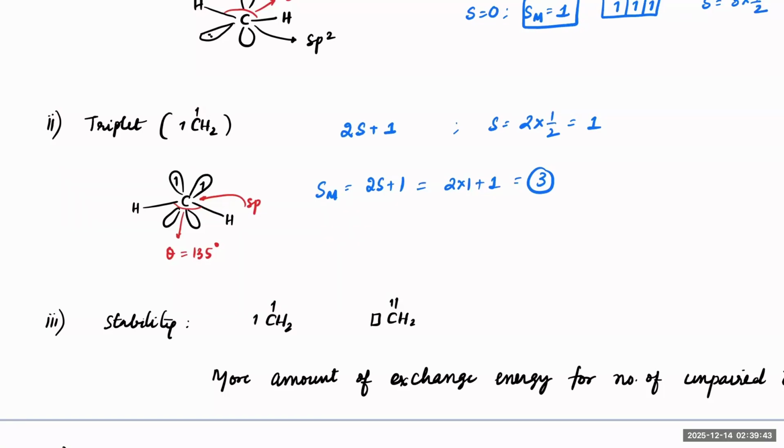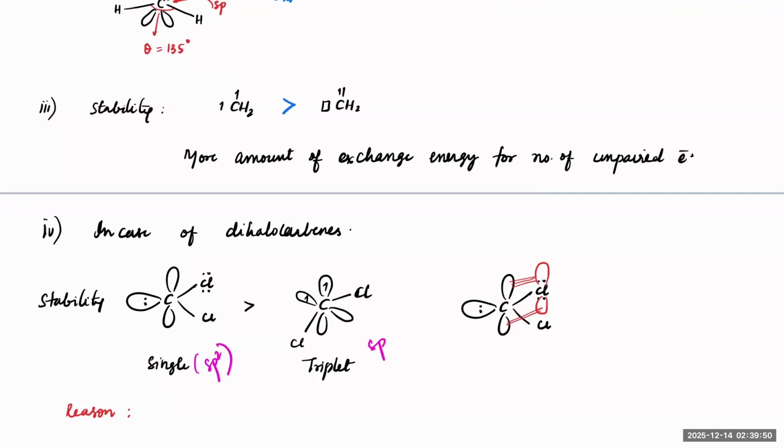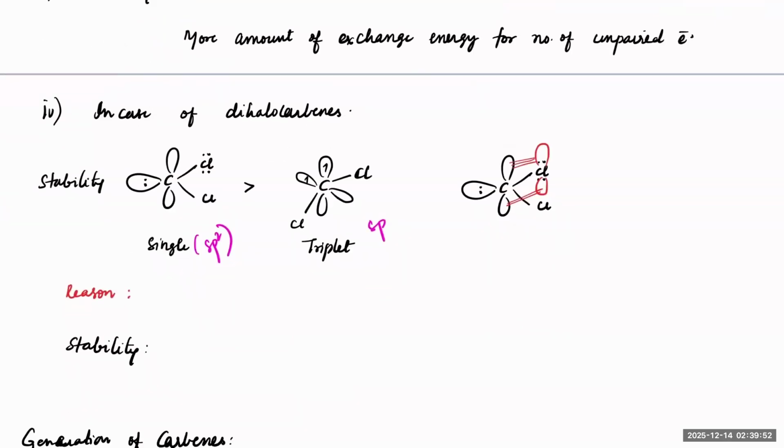General stability, if you compare between these two: triplet is always more stable than singlet, generally. But if it is a dihalocarbene, like with two chlorines, two bromines or two iodines, one of the orbitals will be left empty, and the halogens will start making back bonding with this empty orbital.